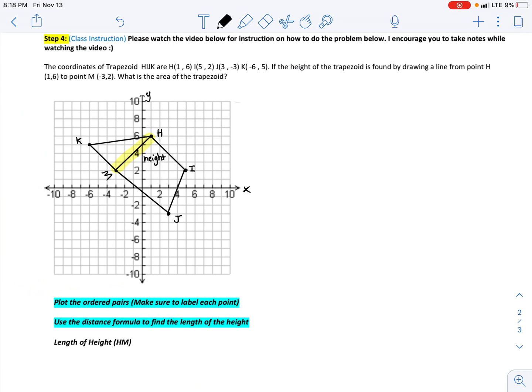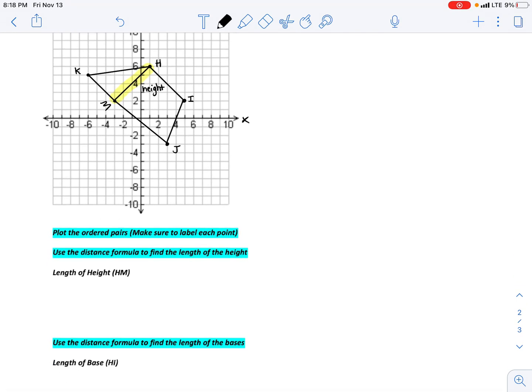And so now, I want to use the distance formula to find the length of the height. And so first you're going to write down the distance formula. So the distance formula is given by the square root of x2 minus x1 squared plus y2 minus y1 squared.